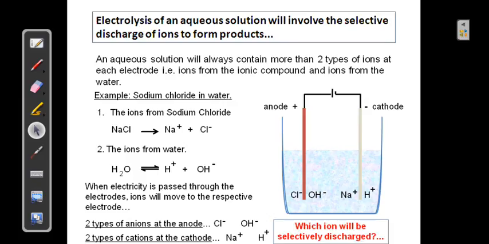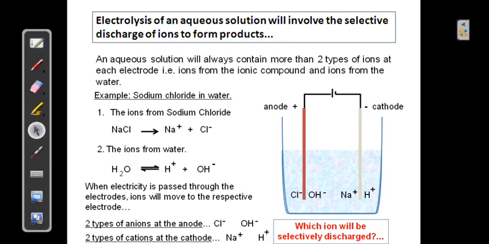So this is the issue that we have to address whenever we do the electrolysis of an aqueous solution. Must always bear this in mind. Unlike electrolysis in a molten solution, which is simple and straightforward, there are 2 compounds, and once they have been melted, the ions will move freely.